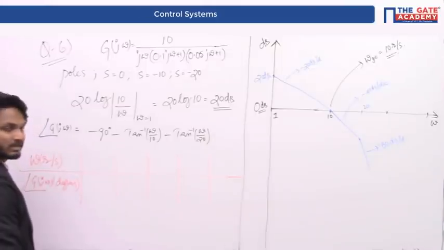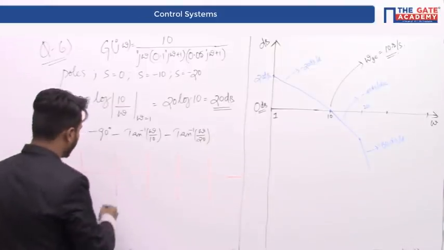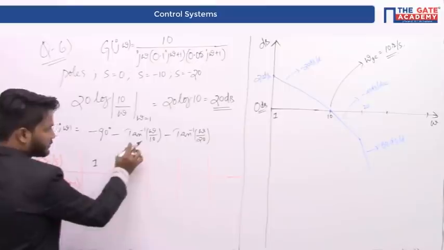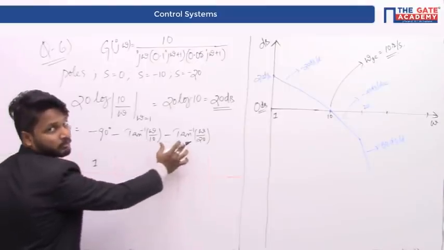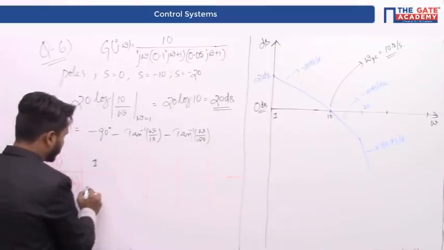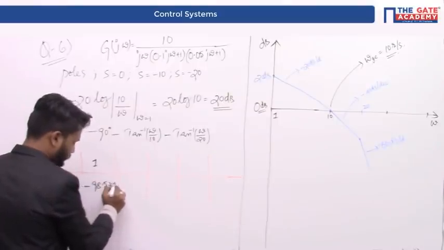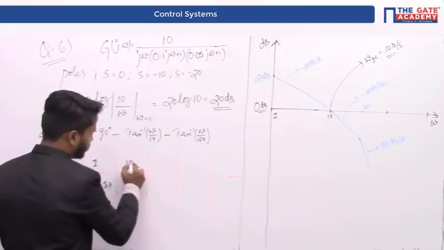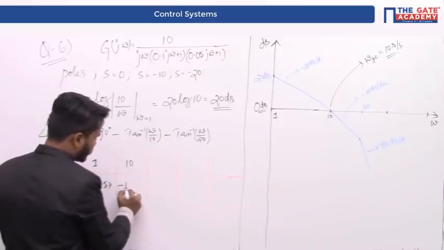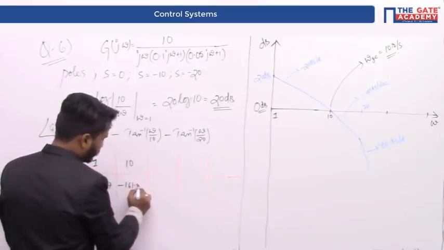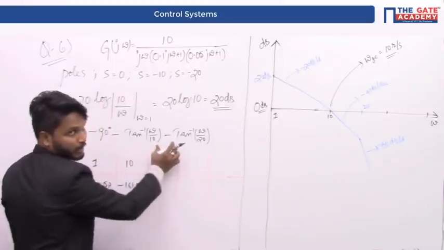When omega is equal to 1 radian per second, if you put omega equal to 1 in this, you are going to get minus 98.57 degrees. If it is 10, the phase is minus 161.56 degrees if you calculate.